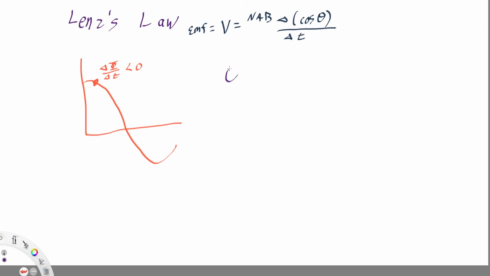So if here's our solenoid, our coil of wire, and our flux is decreasing, that's the same as saying that our change in flux is pointed that way.